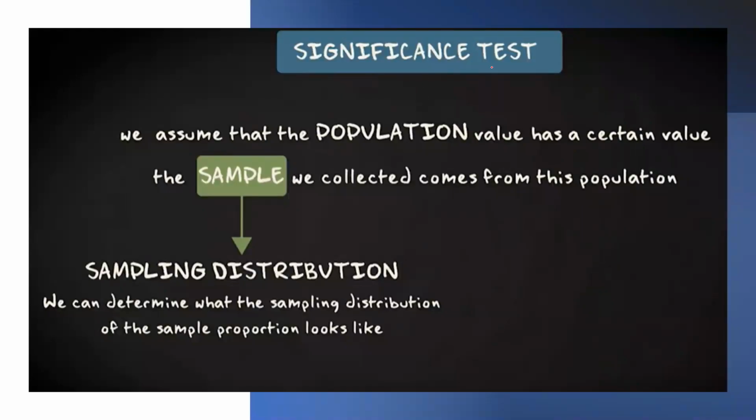In a significance test, we assume that the population has a certain value, and from the population we can derive a sample value.